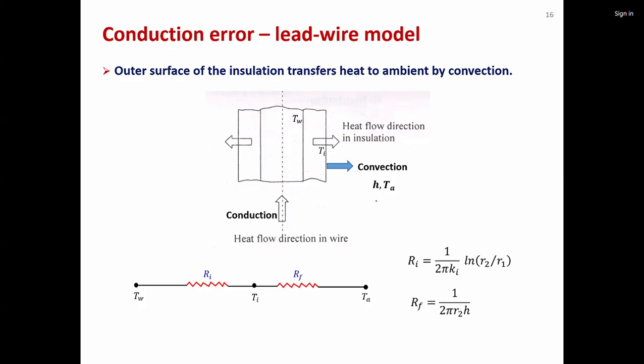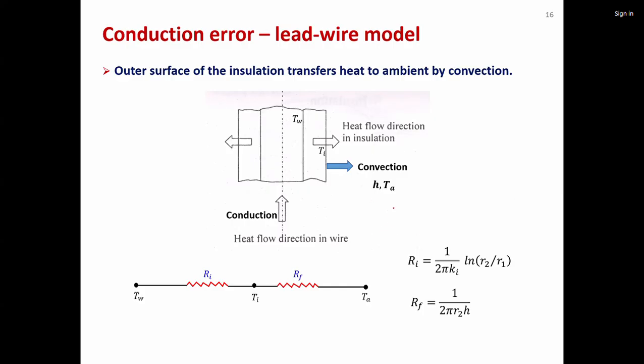So we say that 1 over (2 pi R2 times the overall heat transfer coefficient) will be equal to the conduction resistance plus the convection resistance.